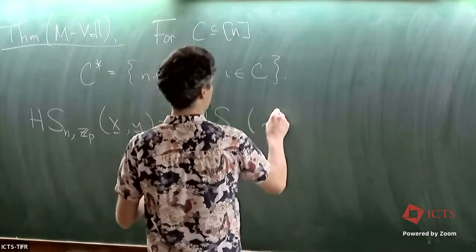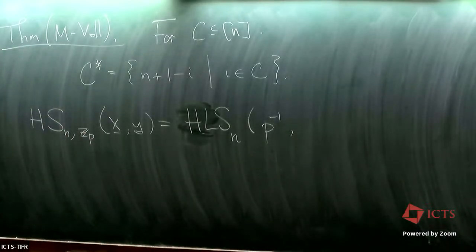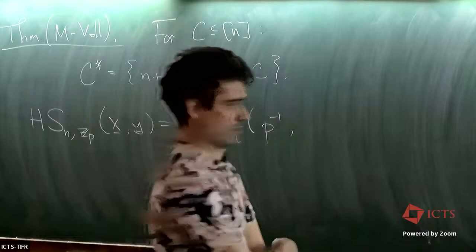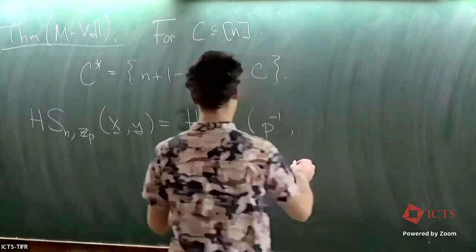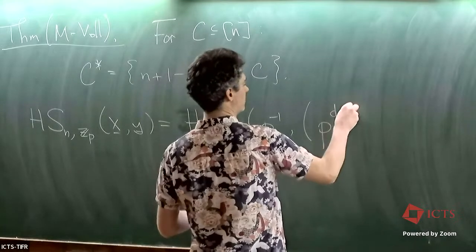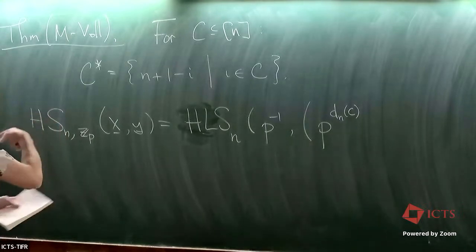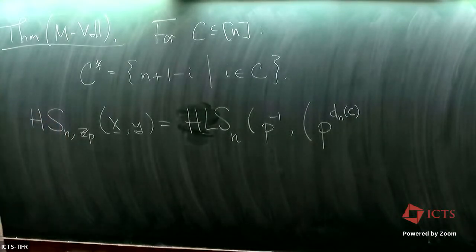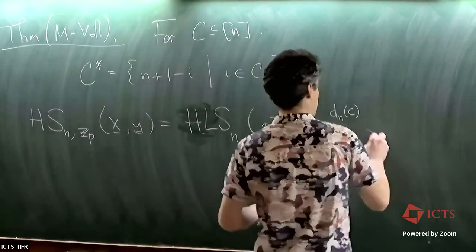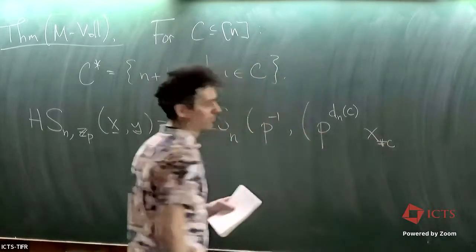Namely, I take p minus 1 for the single variable y, and then for each subset, I'm going to put in a p to the d_n of C. That's the analog of the Grassmannian dimension when we plugged it into the Igusa, times some single variable x_C, sub cardinality of C.